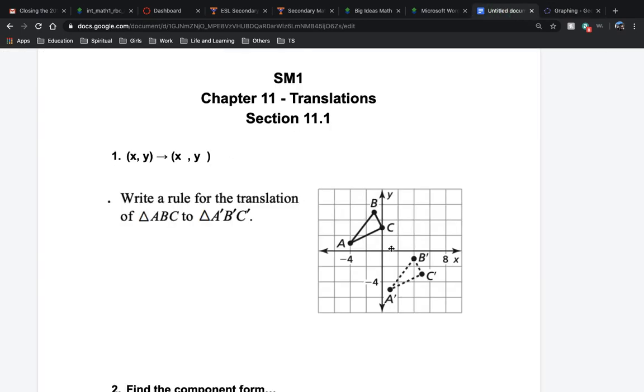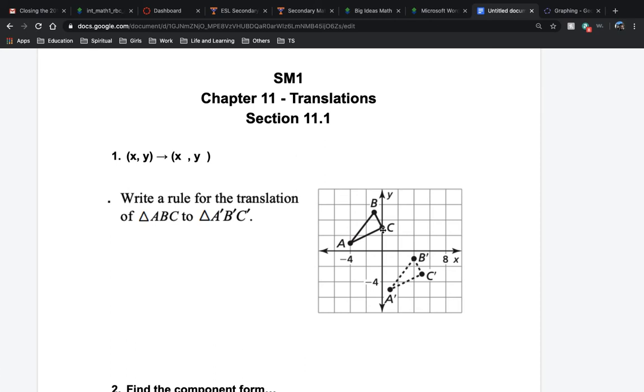So look at this triangle right here. I want to write the rule of translation for it, explaining that x, y are the original or the image points. Sorry, the pre-image points, and whatever happens here is describing what the translation is about. So let's use C as the reference here. C is located at 0 and a height of 3 because each cell or each square is 2 units.